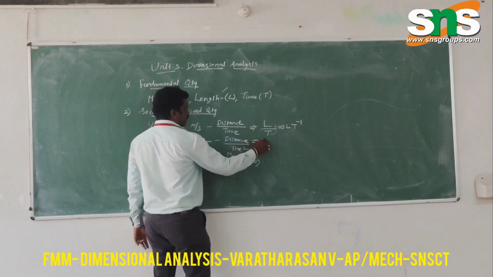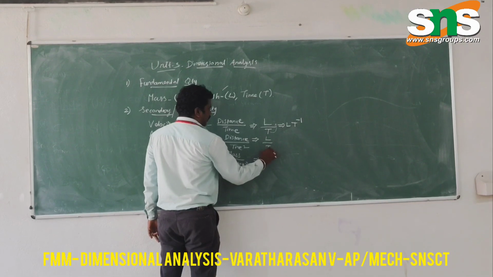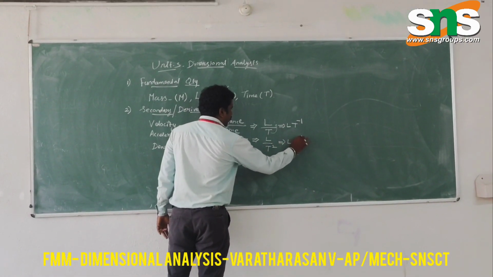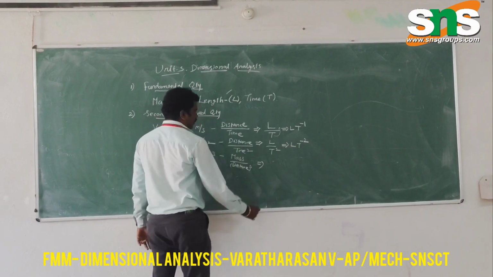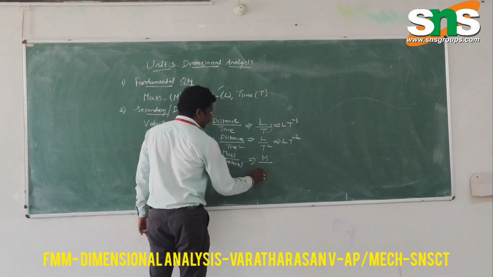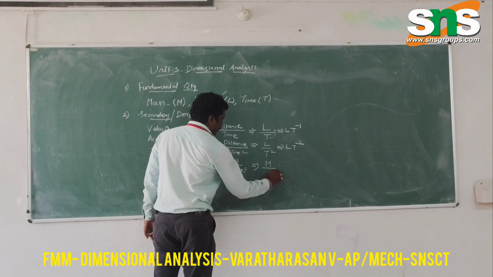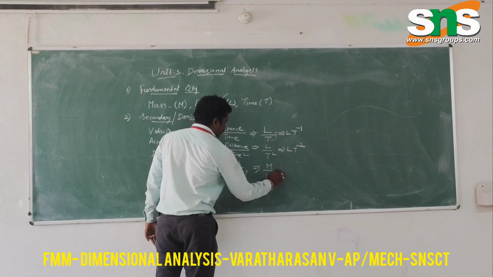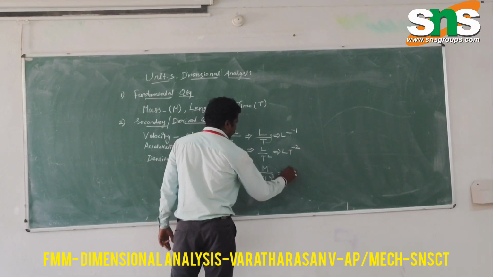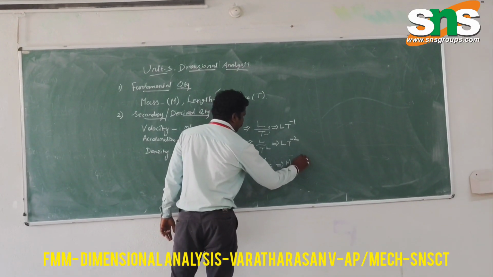The same as that here also: L t square, and L t power minus 2. And also here m divided by distance L cube. So m L power minus 3.